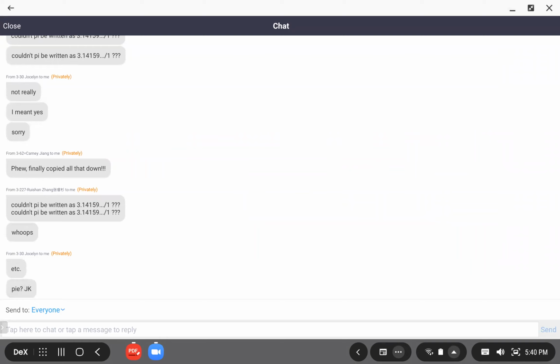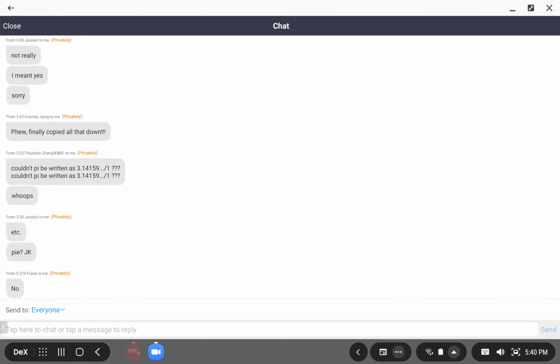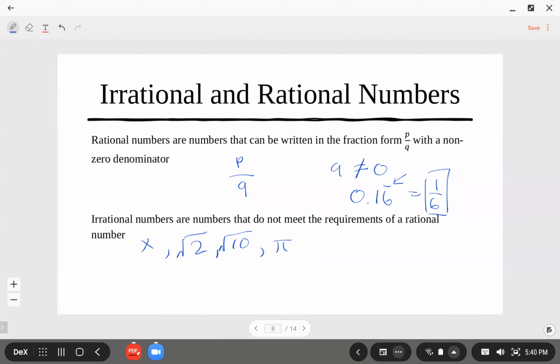Okay, so Ray Shan asks, couldn't pi be written as 3.14159 divided by 1, right? Very, very good question. Because p has to be a terminating decimal.